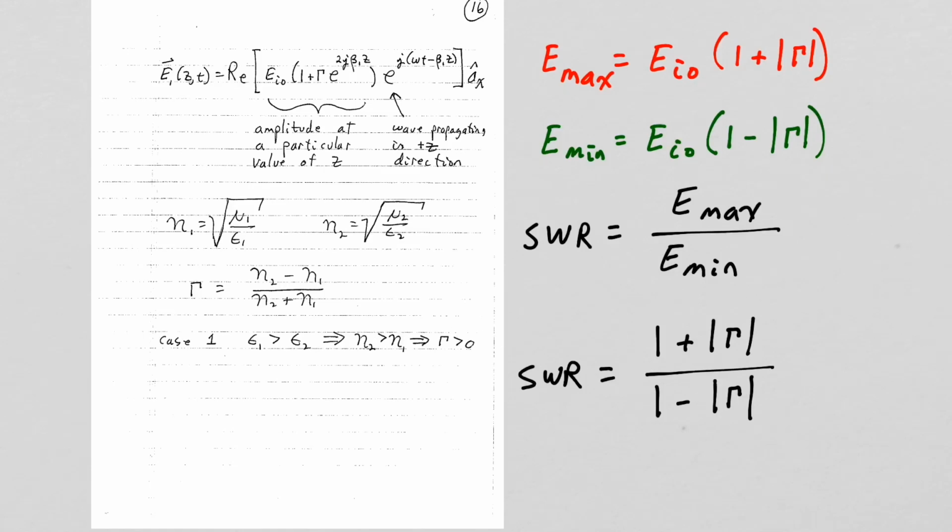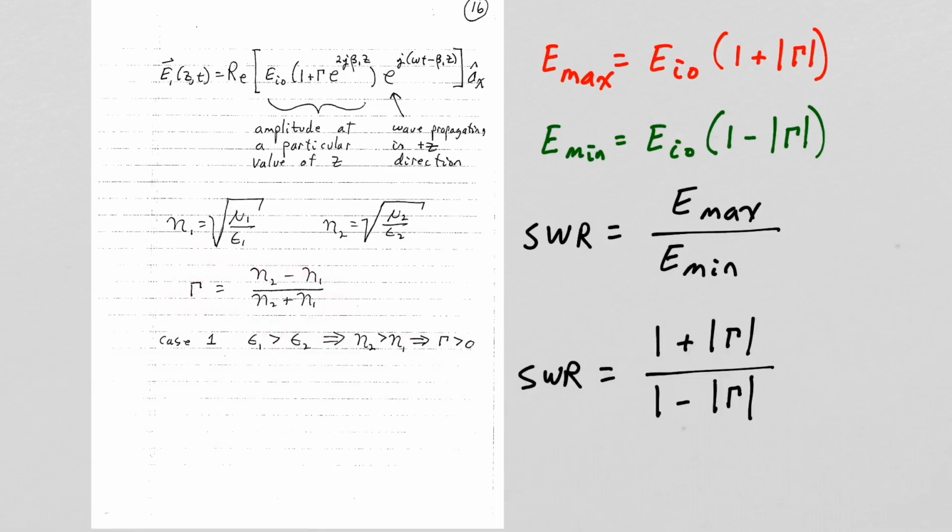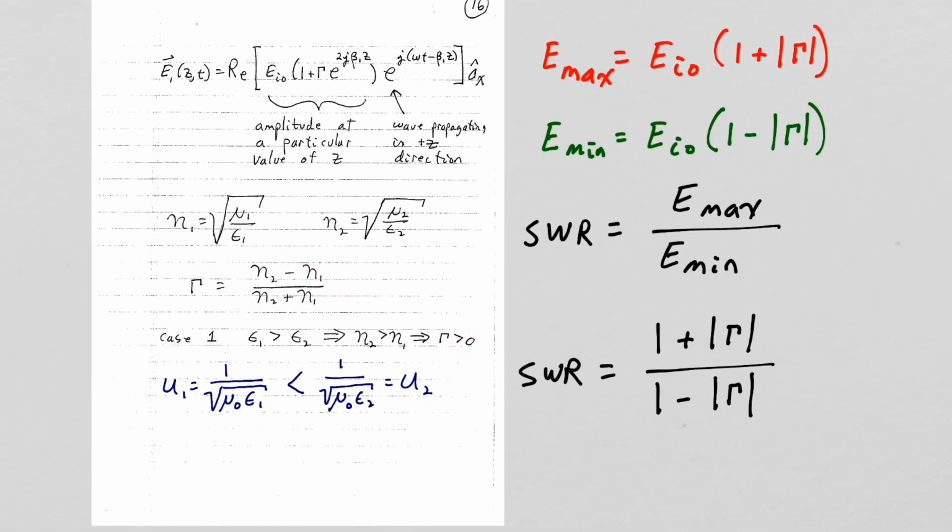We are going to look at two cases. The first case is when the dielectric constant of material 1 is greater than the dielectric constant of material 2. So the intrinsic impedance of material 2 is greater than the intrinsic impedance of material 1, and the reflection coefficient, therefore, is going to be positive.